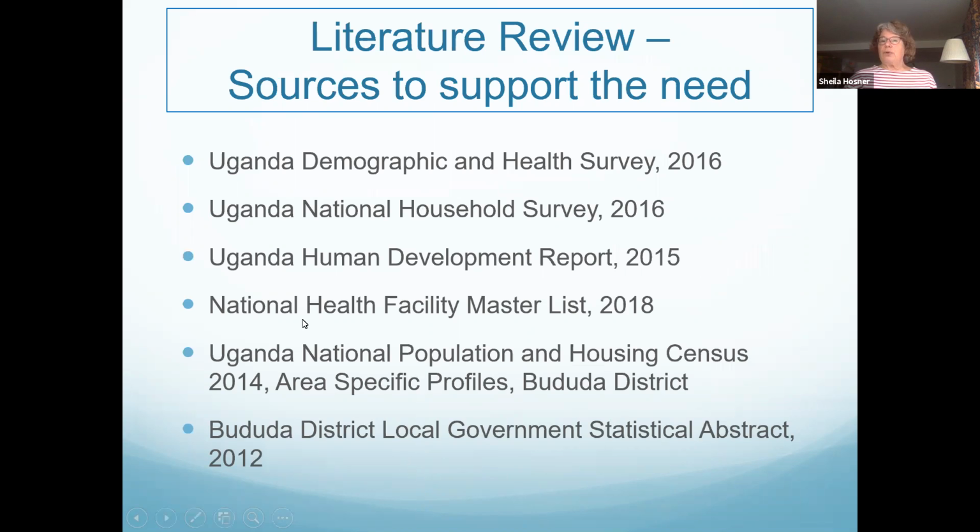For example, the National Health Facility Master List helped me determine where the other nearest health centers are. And from that, I determined that there were only 2 or 3 health centers in several sub-counties surrounding this project. The population and housing census told me how many people we'll be serving.